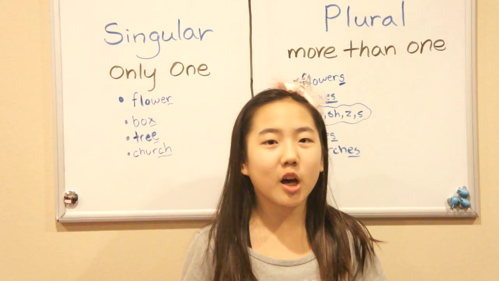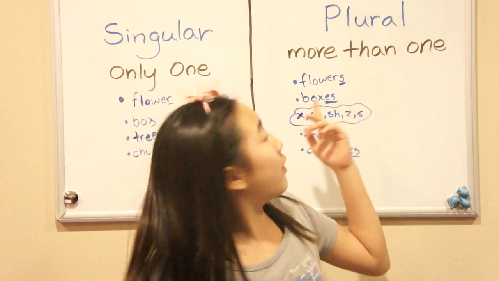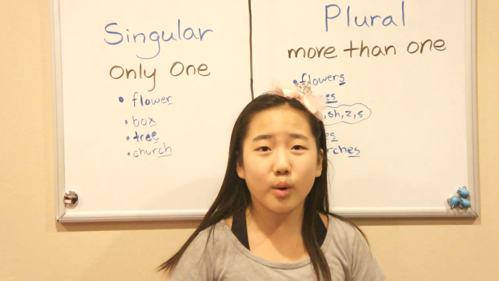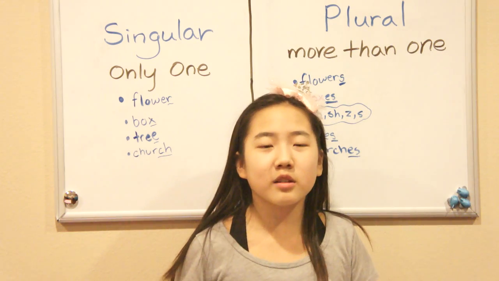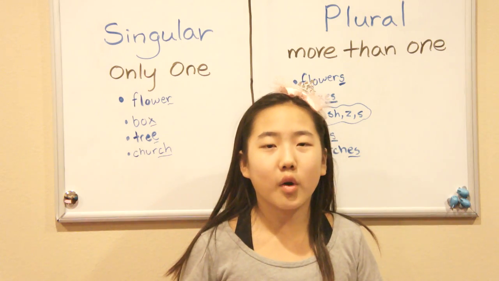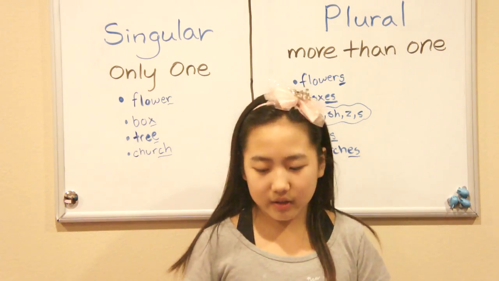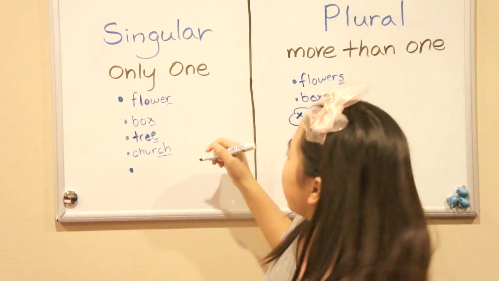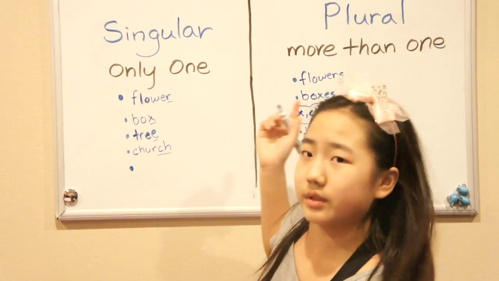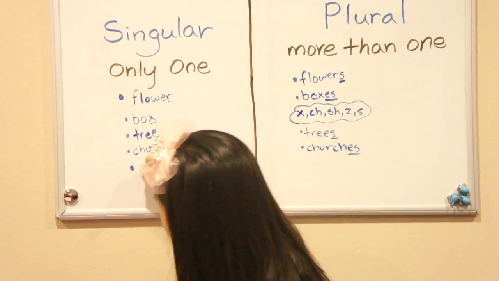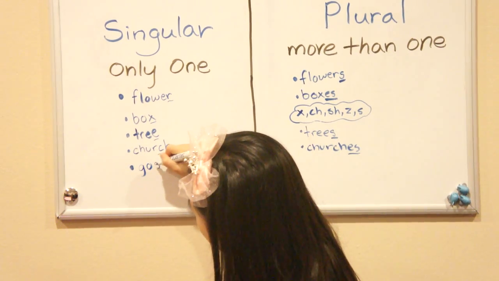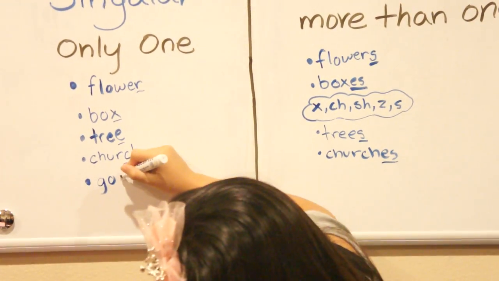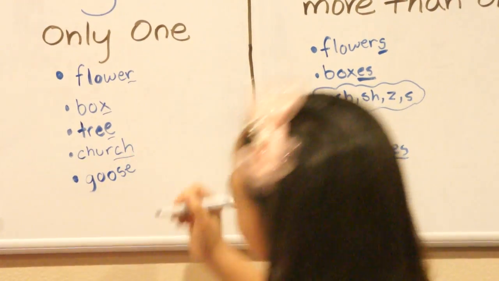But for some nouns, it would be not S or ES. This is a little bit more advanced, so I'll go over this in another lesson. But an example of these irregular nouns is goose.